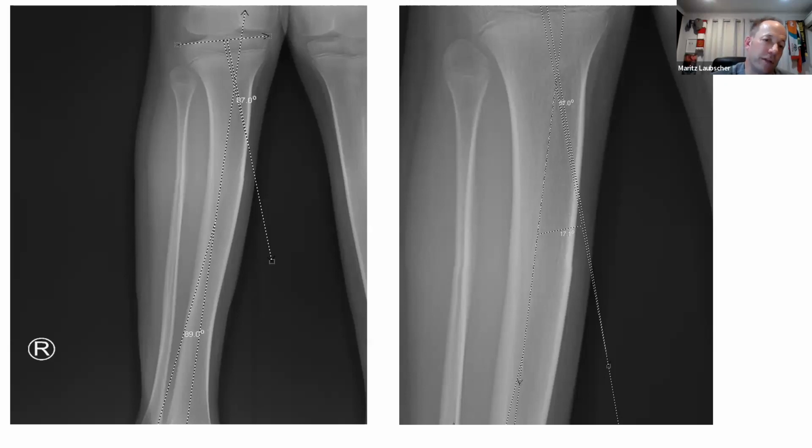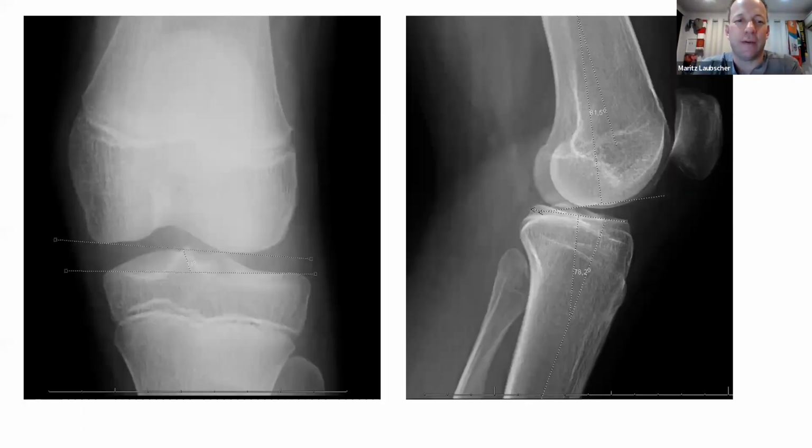Yeah, perfect. That's excellent. So it's basically all the steps correct. I think one thing that's good that you mentioned, that we often skip across, is the joint convergence angle, in other words, around the knee, the difference between your tibia and your distal femur.